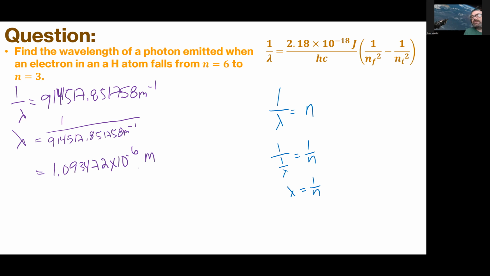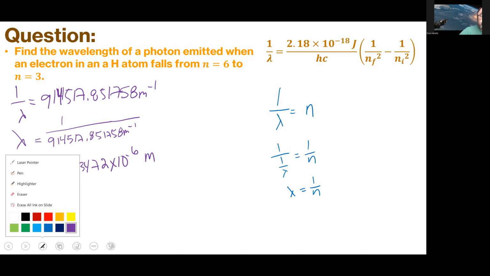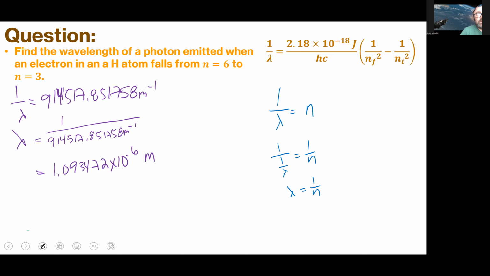That doesn't mean a lot. We like to have our wavelengths in nanometers, so let's convert this using our good old friend dimensional analysis. 1 meter is 10 to the 9th nanometers, so we multiply this number by 1e9 and get 1093.5 nanometers.